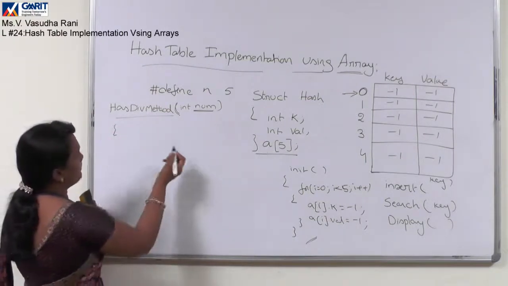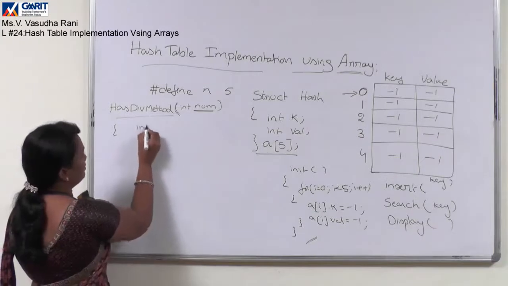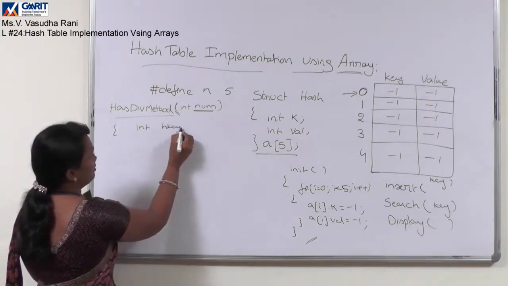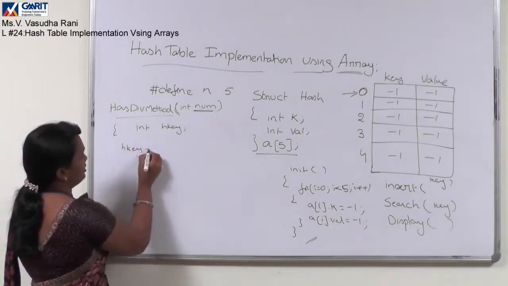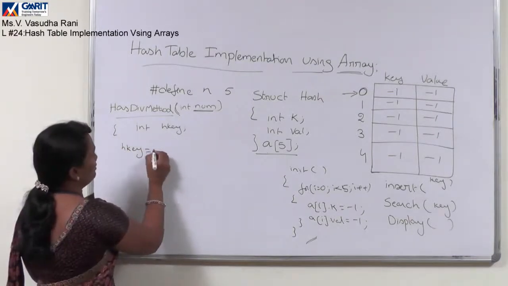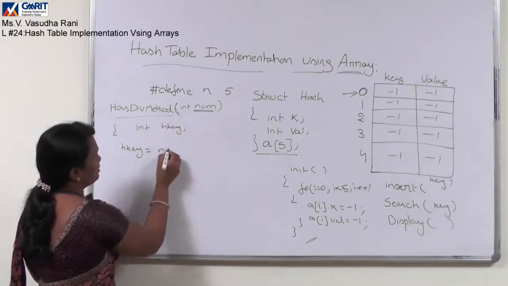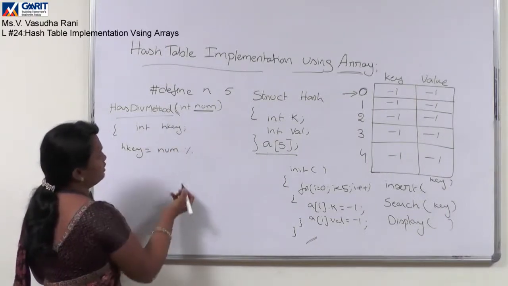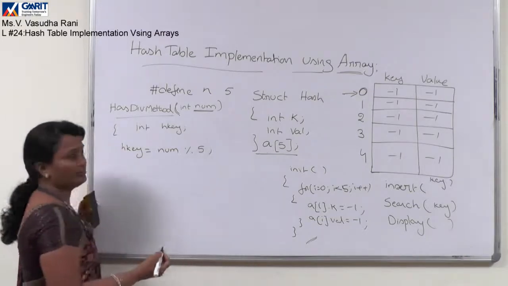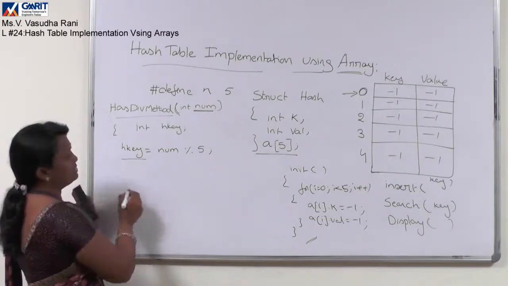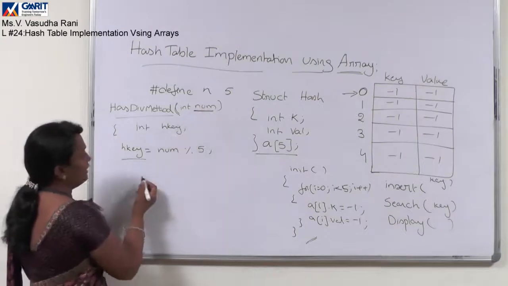So for that, let us take a variable h key, and this h key equals number mod table size, which is 5, and this h key is the index for this particular number.